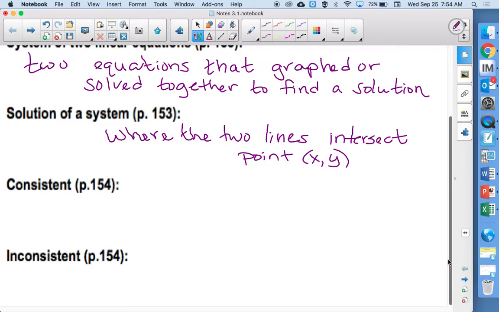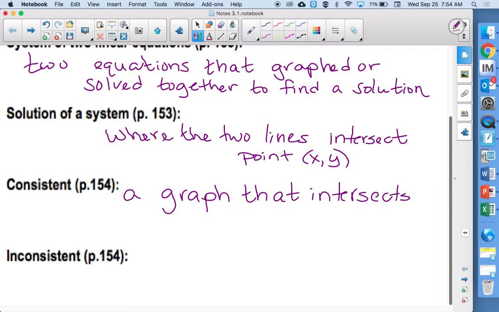The two other terms here describe the type of solution. A consistent solution is a graph that intersects, or has a solution. It can also have many solutions as well.